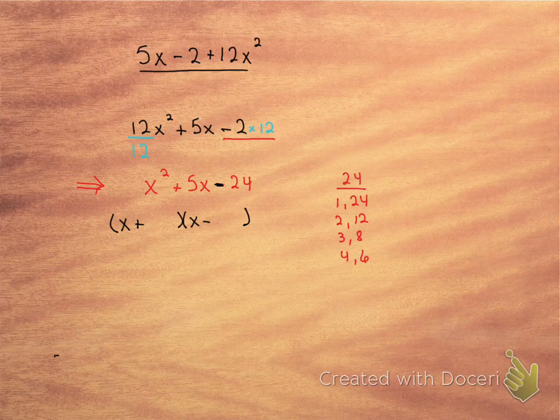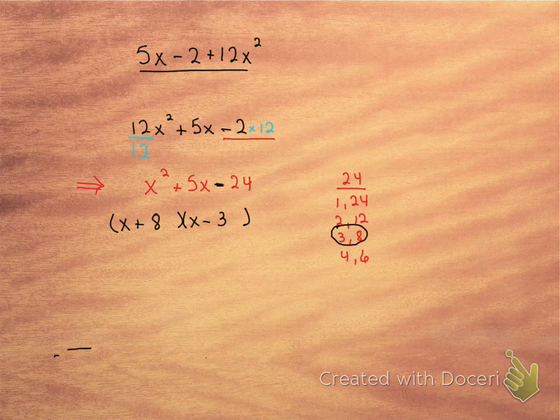Okay, so we need two numbers that we can add or subtract together to give us a positive 5. Well, 8 and 3, when 8 is positive and 3 is negative, 8 minus 3 is positive 5. So 8 is positive and 3 is negative. Okay, so far we've gotten our temporary polynomial factored.